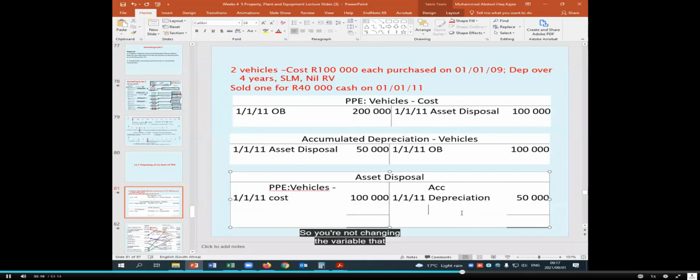We're not changing the cost, it was still 100,000 cost, with accumulated depreciation of 50,000. Let's say we sold it for 40,000 Rand. So we will debit bank because 40,000 comes into our bank account and credit the asset disposal account with 40,000.